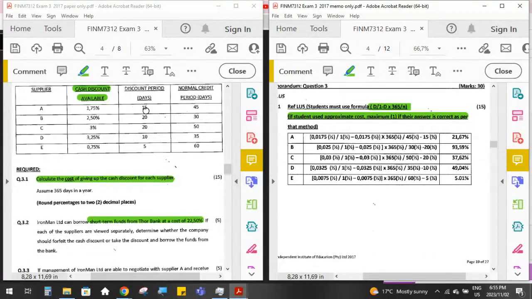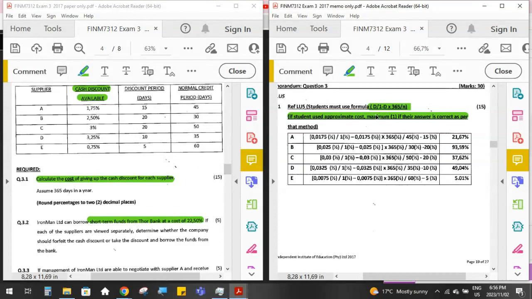We're going to pay early in 15 days, which means I am paying 30 days early. So N is the number of days that I am paying early, 45 minus 15. I could have taken an extra 30 days to pay, but instead I'm going to pay within 15 days in order to get that 1.75%. So we're trying to work out, is it worth it to get the 1.75 or not?